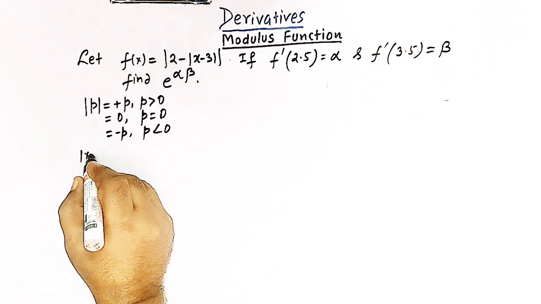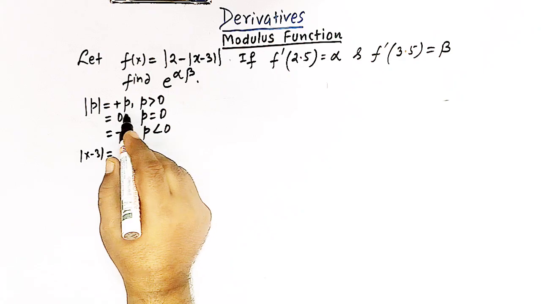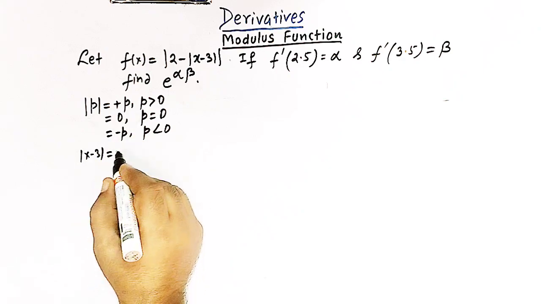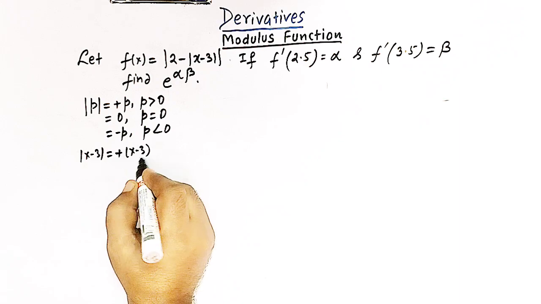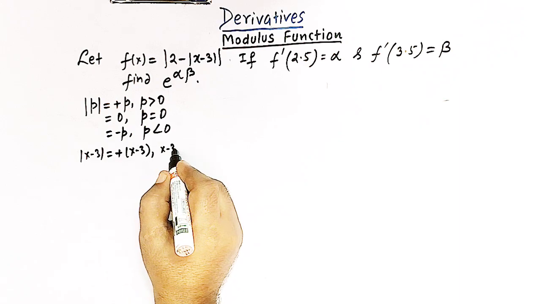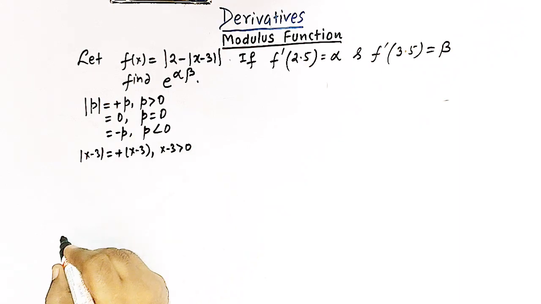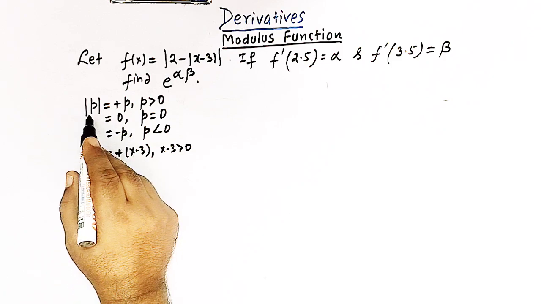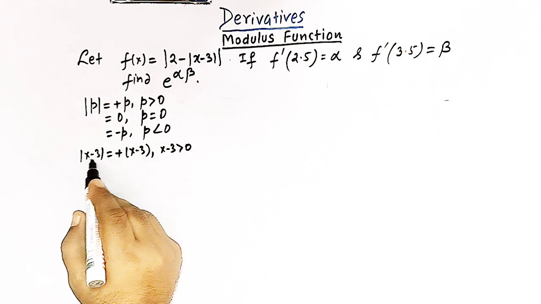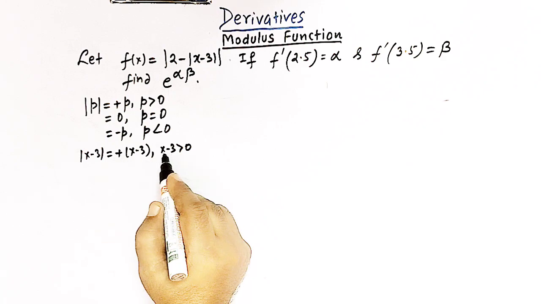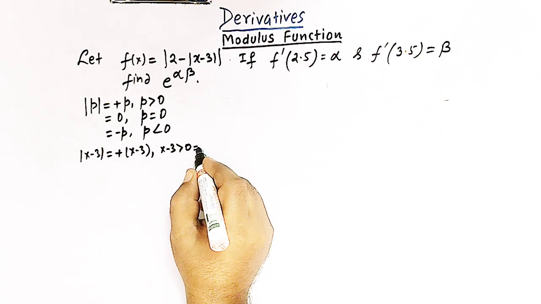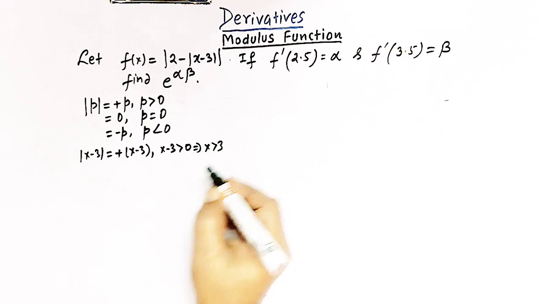So mod of x minus 3 is defined with the help of this definition. So mod of x minus 3 is positive x minus 3 whenever x minus 3 is greater than 0, right? So for p we can take here x minus 3, right? So positive x minus 3 when x minus 3 is greater than 0, or when x is greater than 3.